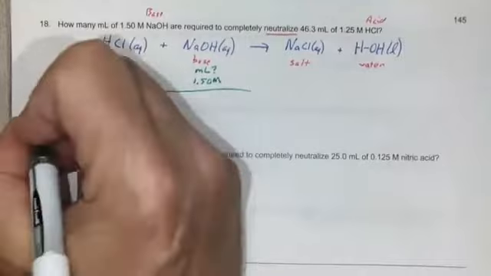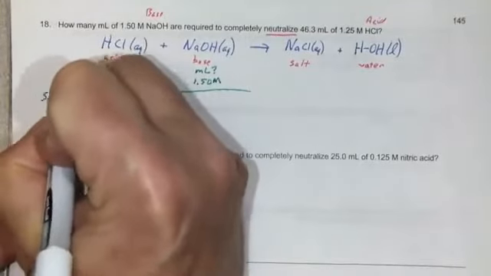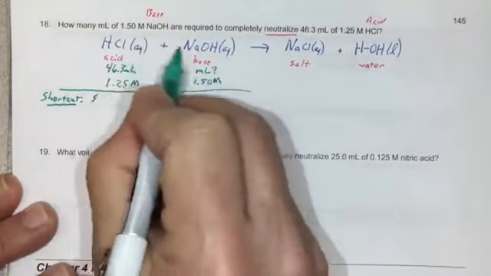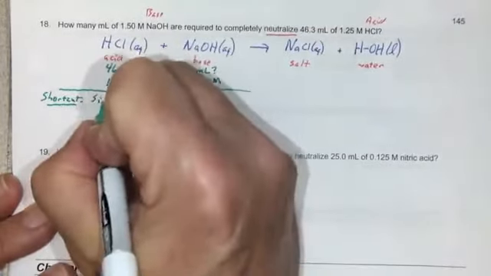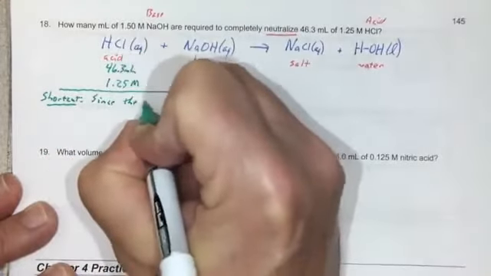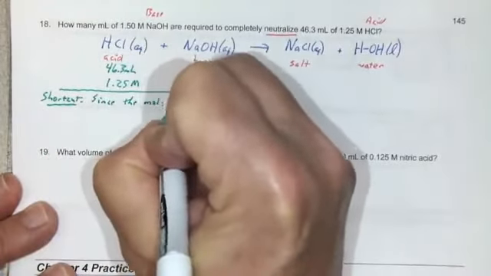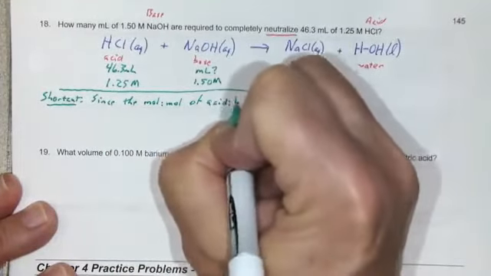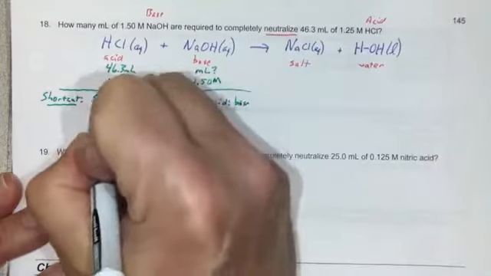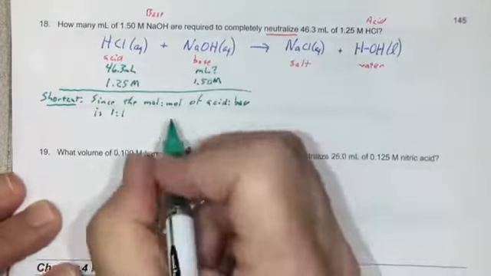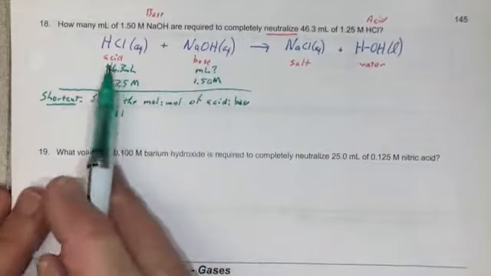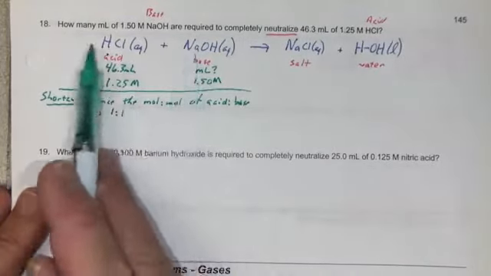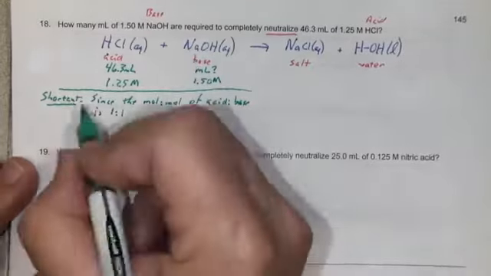And here's the shortcut. Now, you've got to be careful about this. Since the mole-to-mole ratio of acid to base is 1 to 1, then that means that the number of moles of HCl must equal the number of moles of sodium hydroxide when this completely reacts.